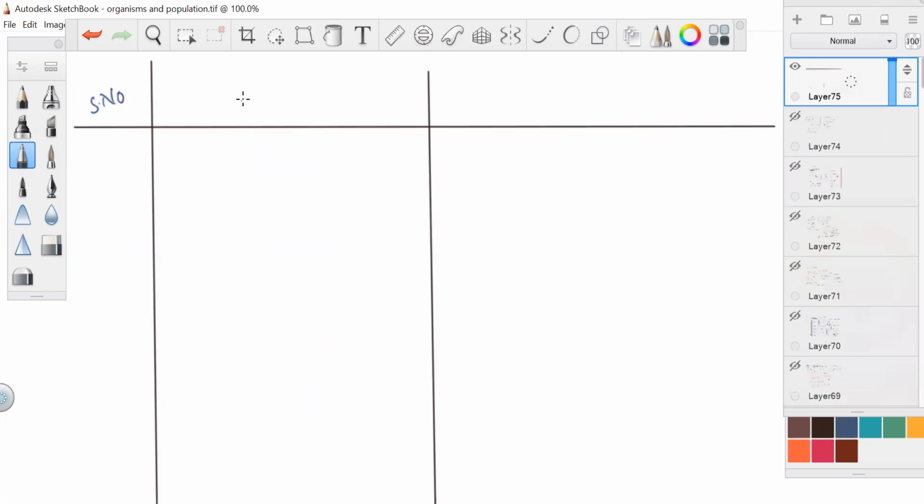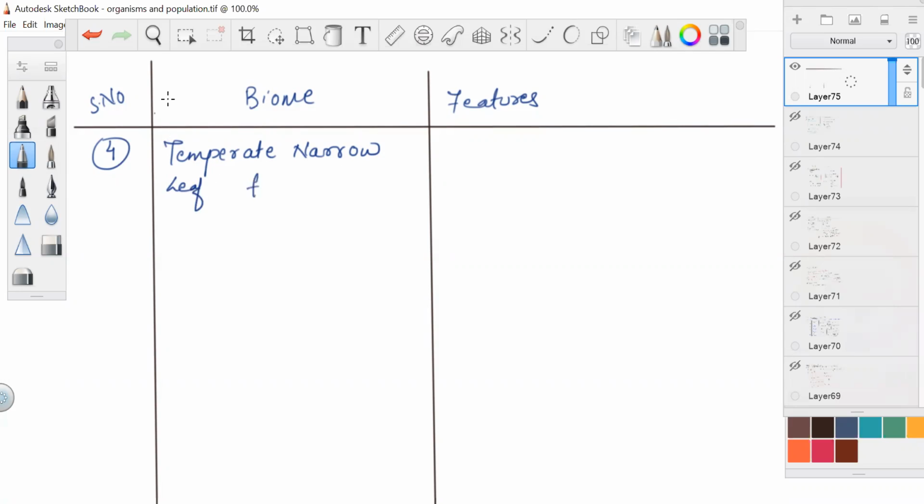Serial number, biome, regions. This is serial number 4. This is temperate narrow leaf forest, also known as coniferous forest or taiga.